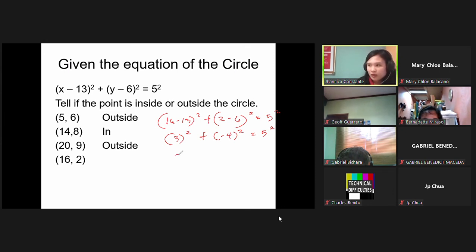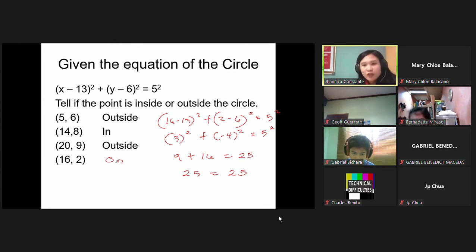So 3 squared is 9 plus 16 equals 25. So 9 plus 16 is equal to 25, which is equal also to 25. Since we have an equal statement, that means the point that has a coordinate of (16, 2) is on the circle, or on the circumference of our circle.